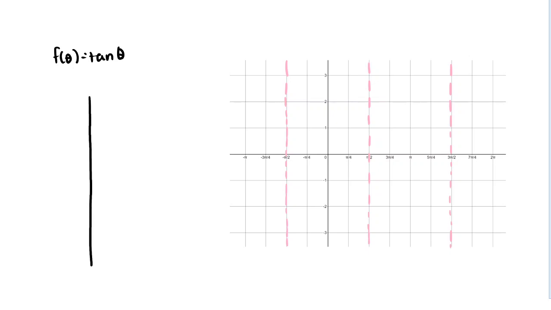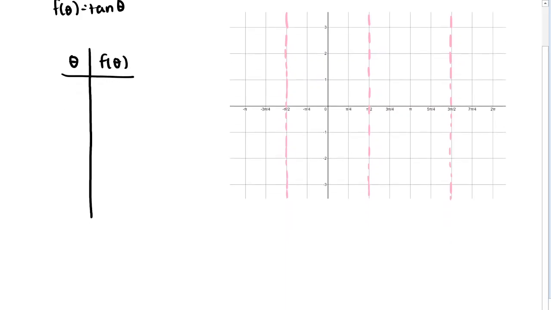So here this is going to be theta, and this is going to be f of theta, or tangent of theta. Now if we plug in 0, tangent of theta corresponds to sine of theta over cosine of theta, or sine of 0 over cosine of 0 in this case. Sine of 0 is 0, cosine of 0 is 1.